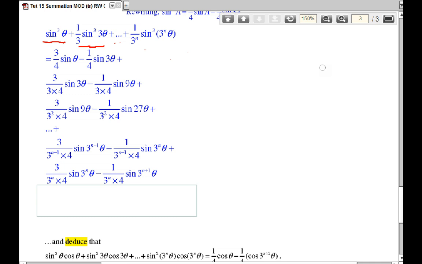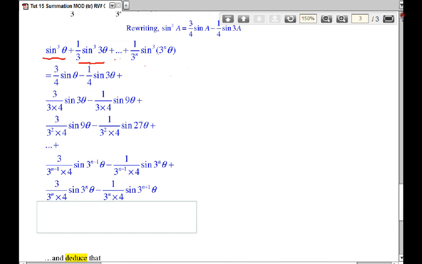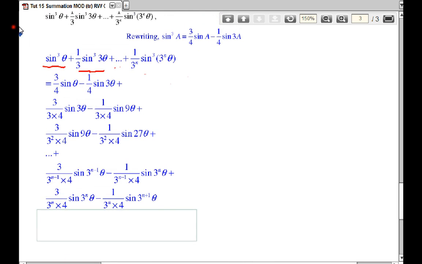Oh, you mean the last term? Okay, the last term, the nth term. Because, let's look at it very carefully. Belinda, for this last term, your A is 3n theta, right? So now you have a 3A. So 3 times 3n theta, you get 3 to the power n plus 1. Okay?